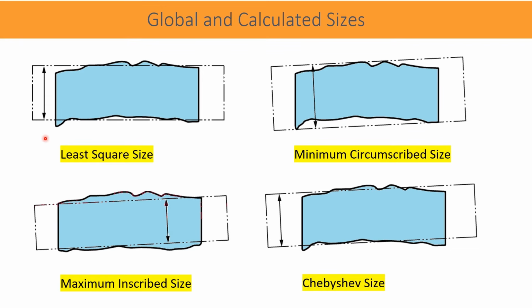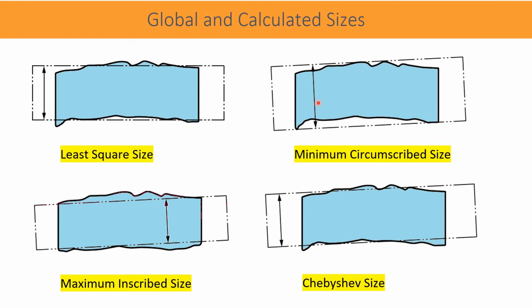Here is a summary representation of global and calculated size. This is a least square size. As we know, the least square size is nothing but the average size calculated from the points. Then minimum circumscribed size.